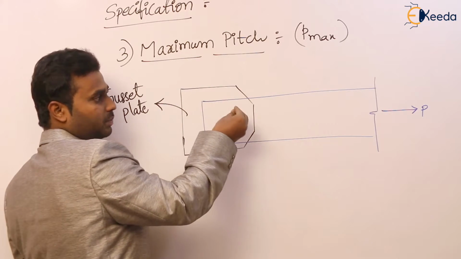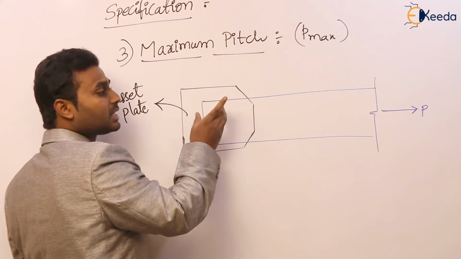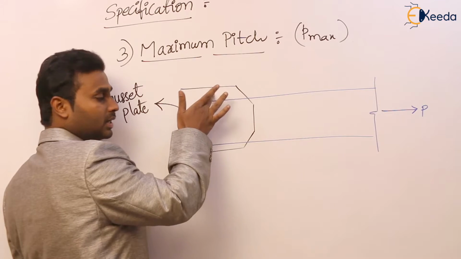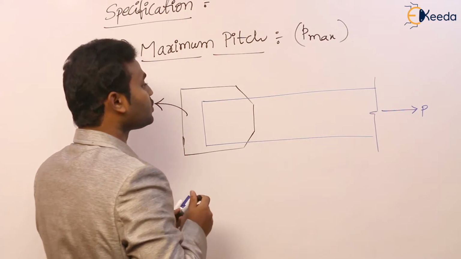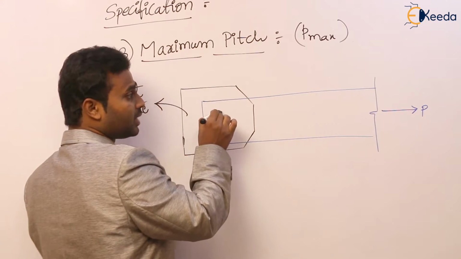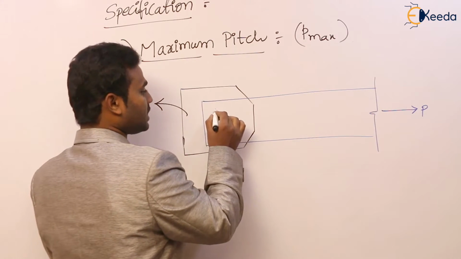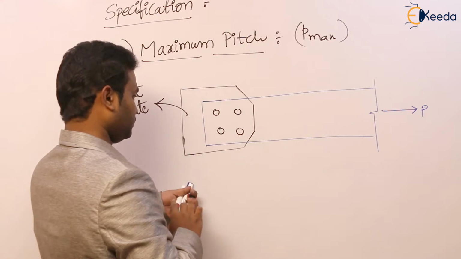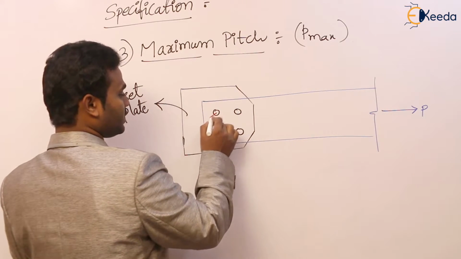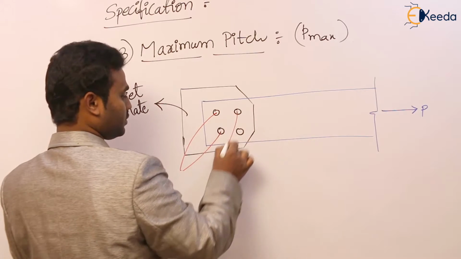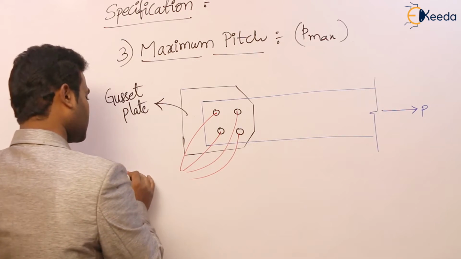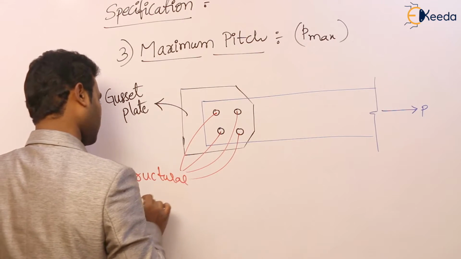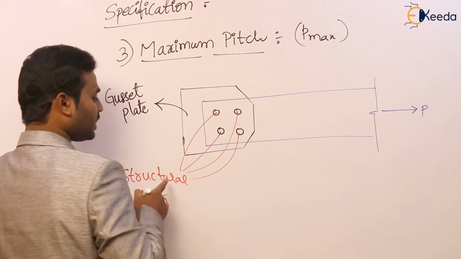Now obviously there exists one more plate on the other side, on the back of this gusset plate. Previously I have shown the diagram of how these plates are connected to the gusset plate. Clear? Now the rivets used to connect this main plate to this gusset plate are known as structural rivets. So these are the structural rivets or bolts. Why are they called structural bolts?